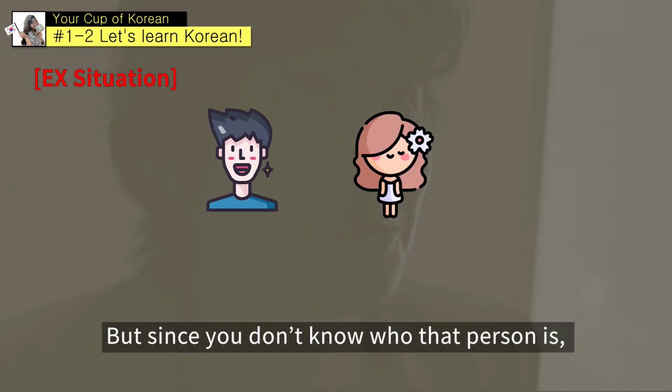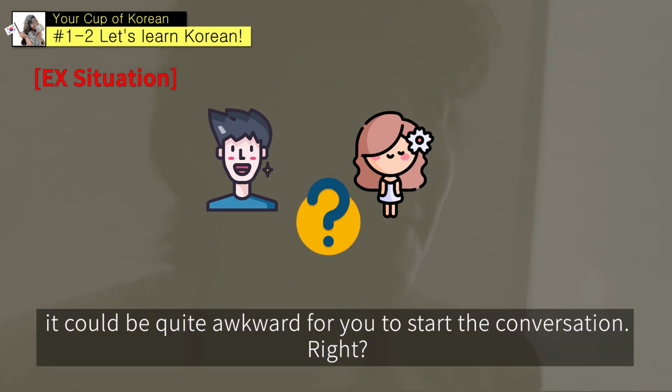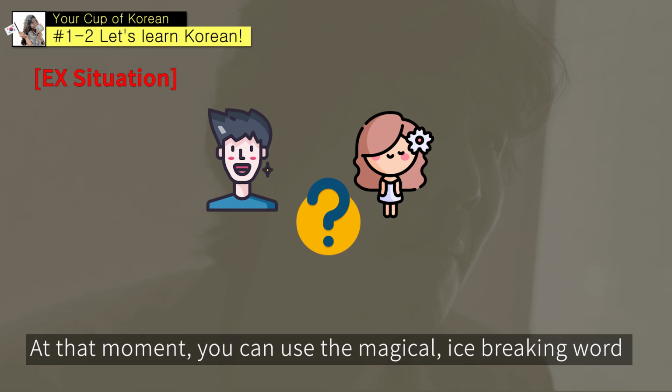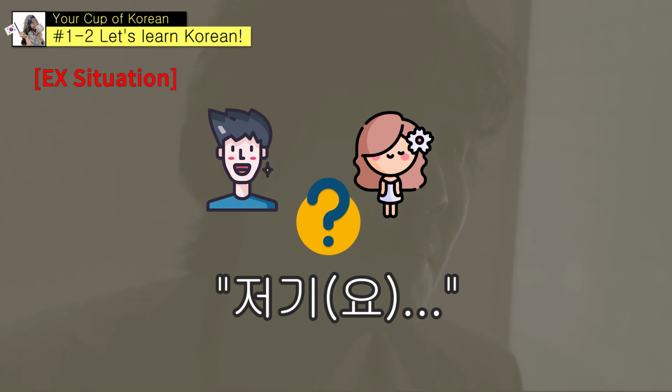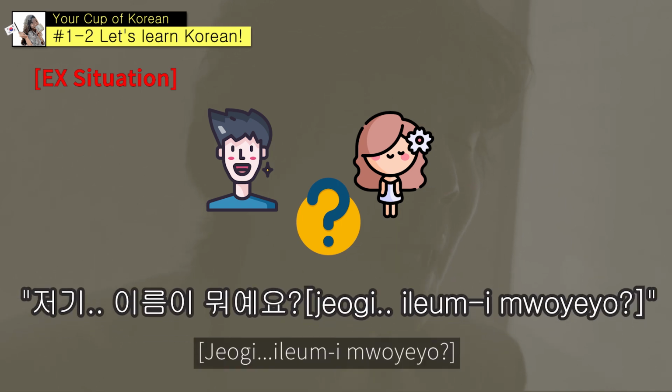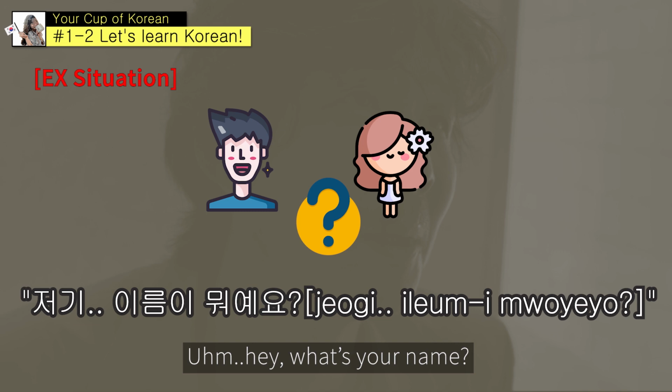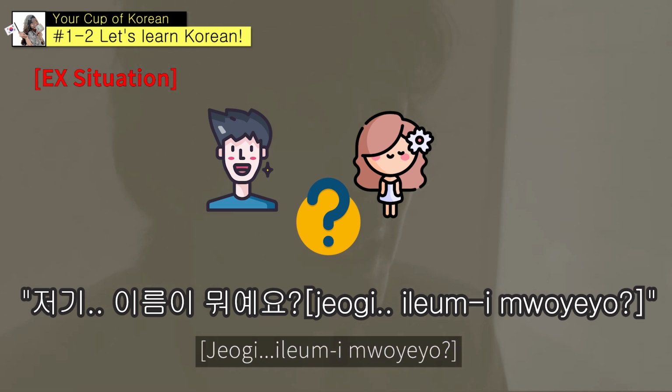But since you don't know who that person is, it could be quite awkward to start a conversation, right? At that moment, you can use the magical ice-breaking word 저기 or 저기요 and say 저기 이름이 뭐예요? Hey, what's your name? 저기 이름이 뭐예요?